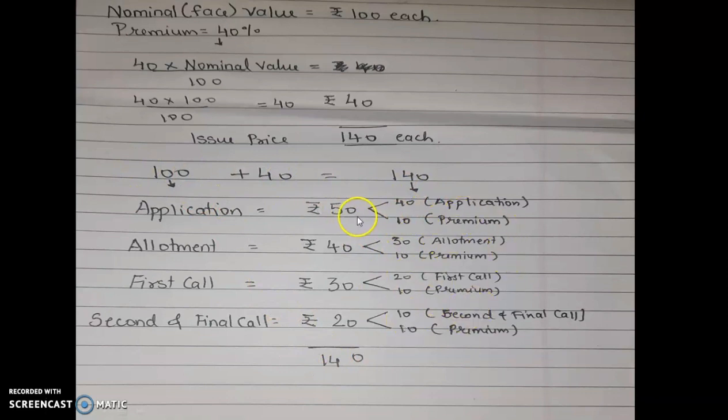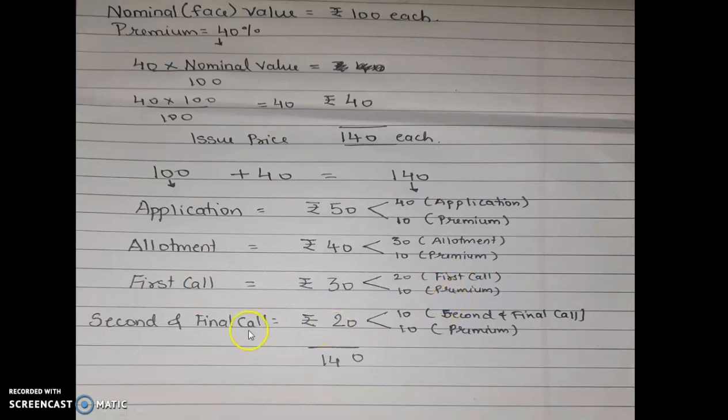So you can see here 50 rupees which you are going to collect at the time of application. Out of that, 40 rupees is application money and 10 rupees is the premium. 40 rupees which you are going to collect at the time of allotment, out of that 30 rupees is allotment and 10 rupees is premium. 30 rupees which you are going to collect at the time of first call, out of that 20 rupees is first call and 10 rupees is premium.